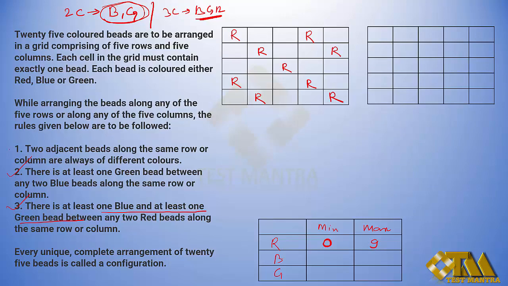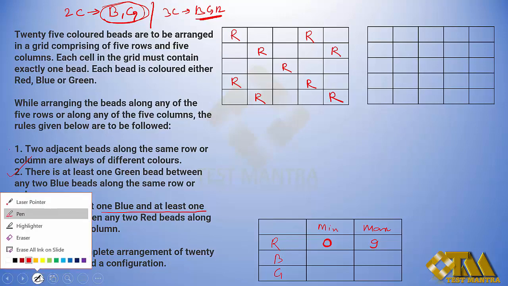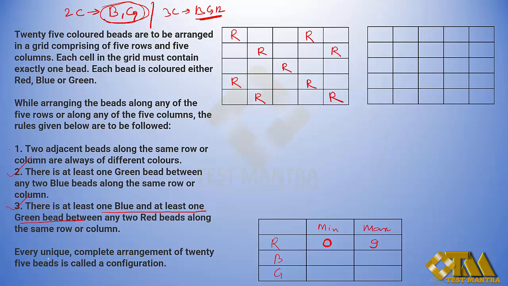If I take the case of minima where I'll have 0 reds available, that means I should have a combination where I'm using green and blue. Suppose I'm using green and blue here, and I'm trying to maximize green. Assuming I'm trying to maximize green here, I'll be using green and blue only.